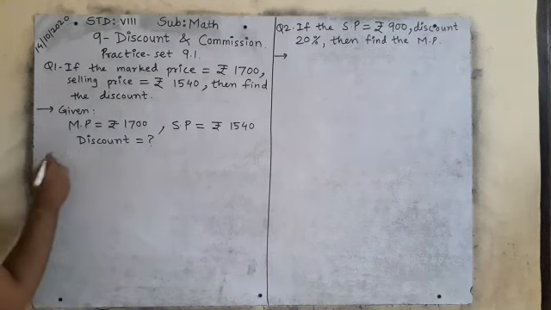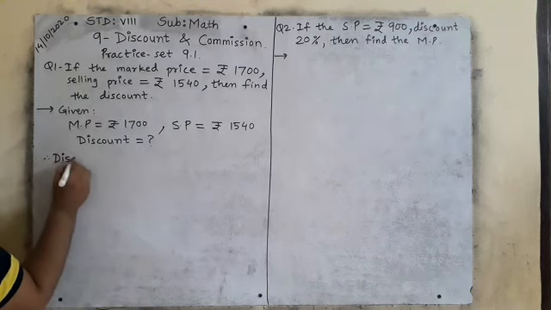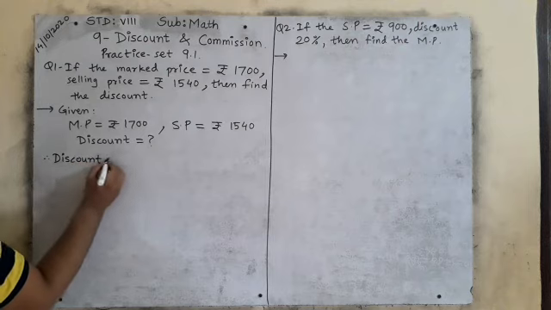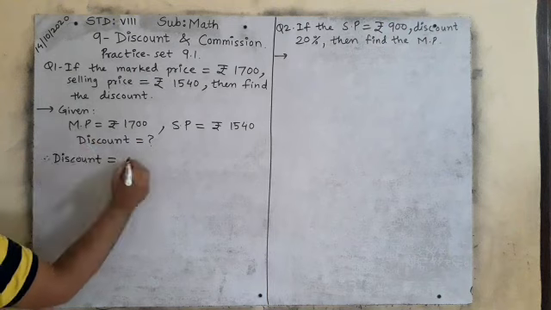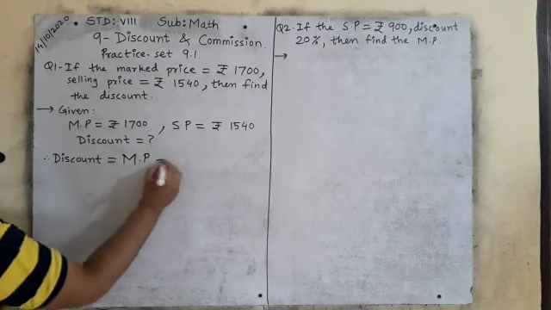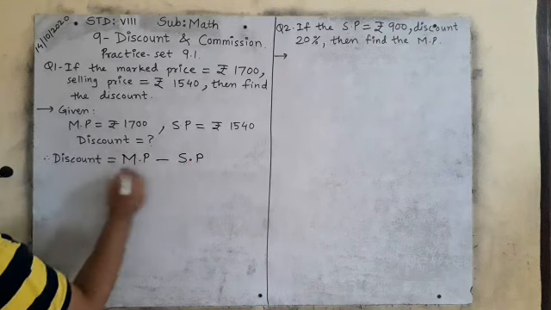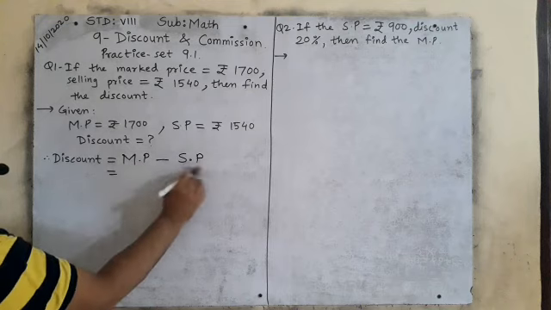So what is there? Discount is equal to, we know the formula, which is greater of the two? Mark price. So you will write mark price minus selling price. MP mark price, SP selling price.